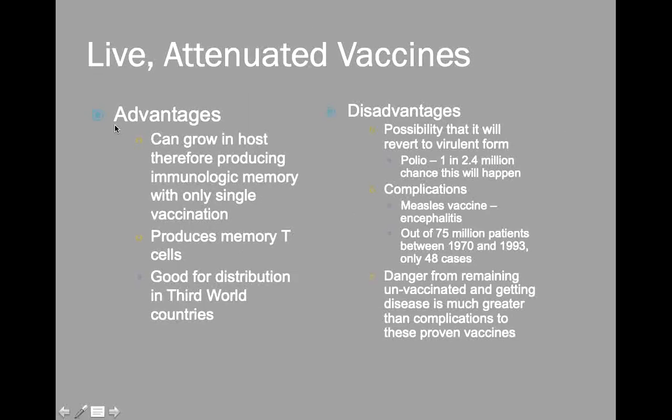Okay, then the advantages of these vaccines are that they can grow in the host and they can produce long-term memory, because in these cases the organism grows transiently in the host, and therefore the exposure of the host immune system to the foreign antigens is for a longer period of time.